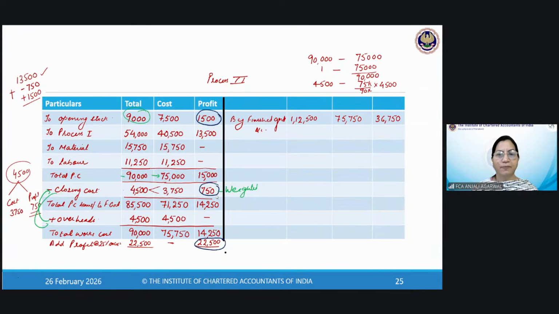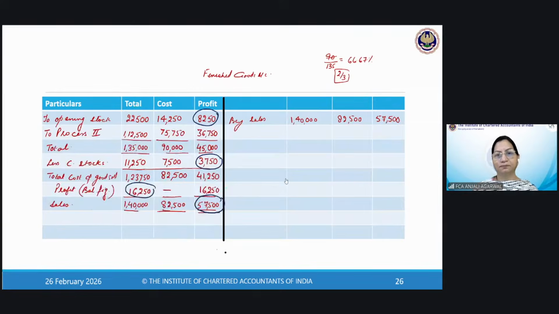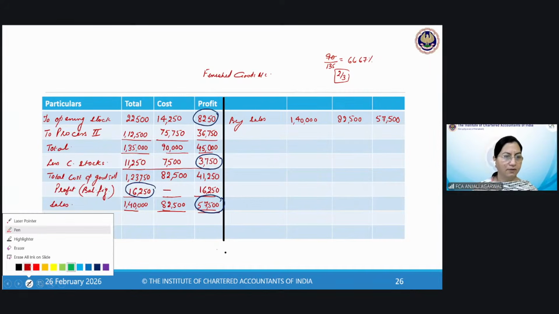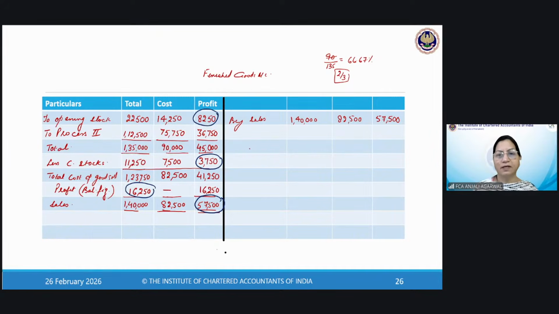Please explain unrealized profit, not able to understand. Okay, I'll explain here. What do you mean by unrealized profit? Let's say you and your brother are there in the family.